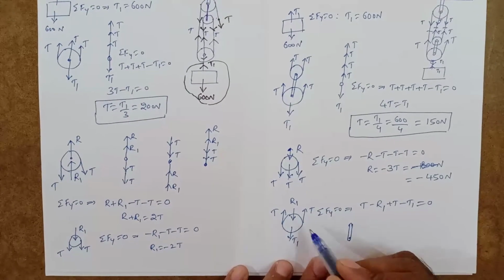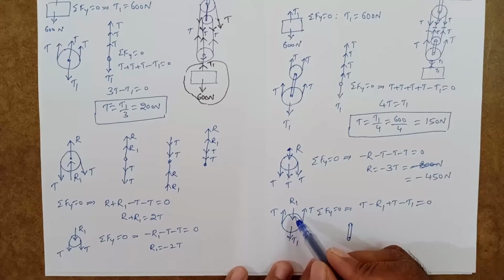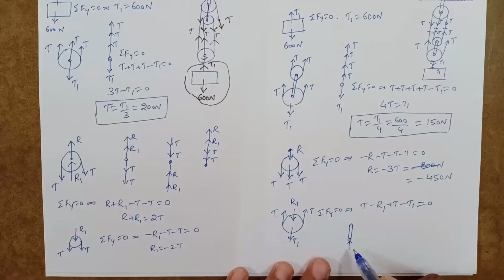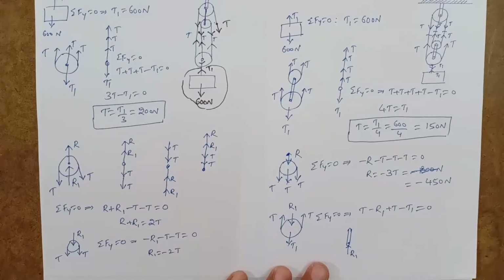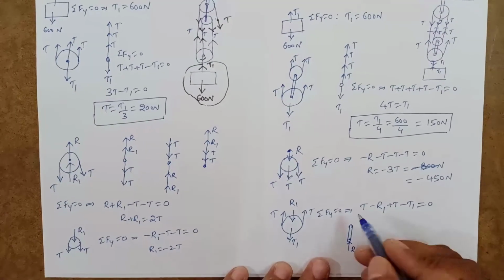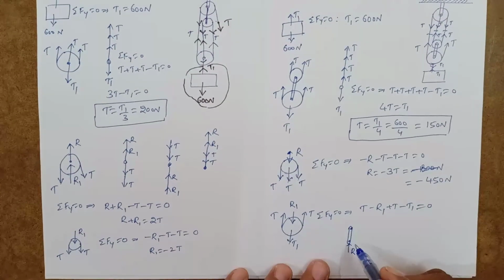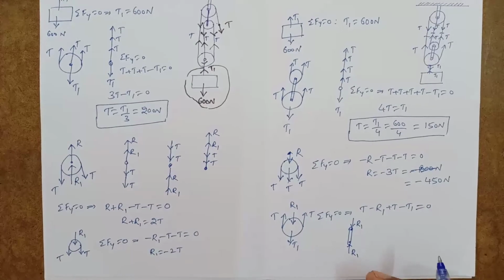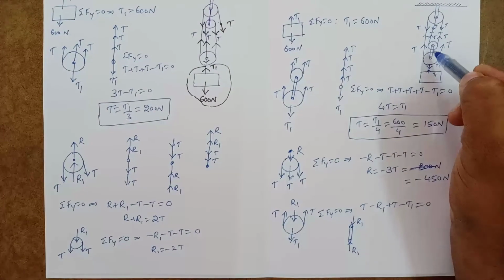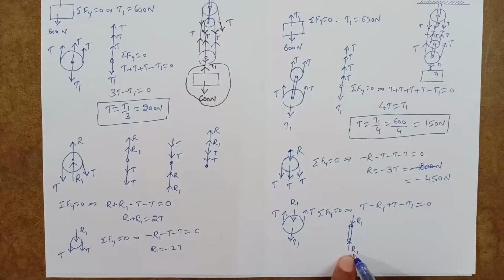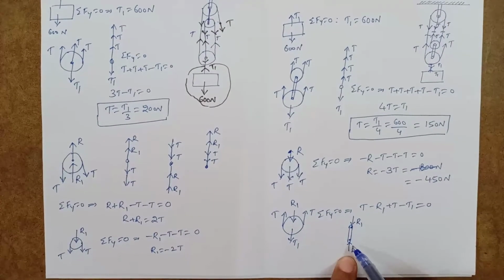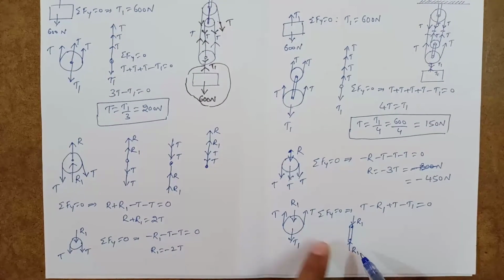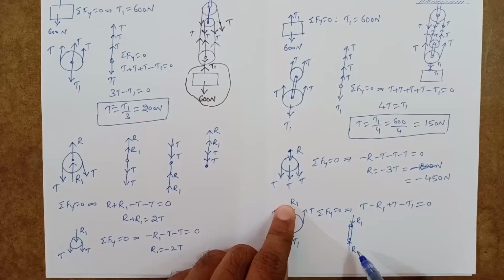Here R1 is already shown; R1 is the force exerted by the support on the pulley.